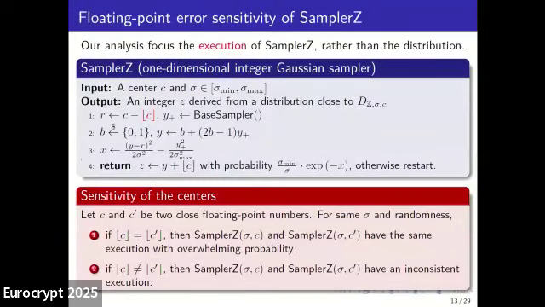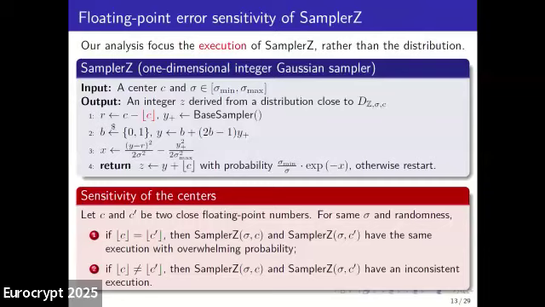Our work mainly focuses on the execution of SamplerZ rather than its distribution. Say c and c prime are two close floating point numbers, with the same standard deviation and randomness.